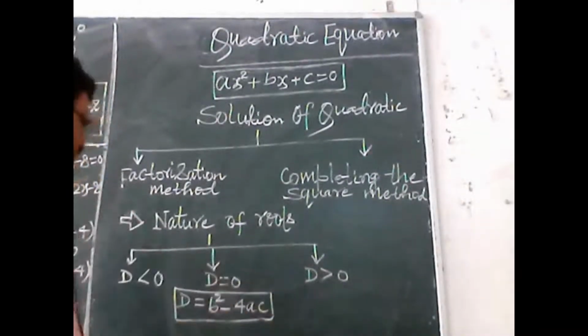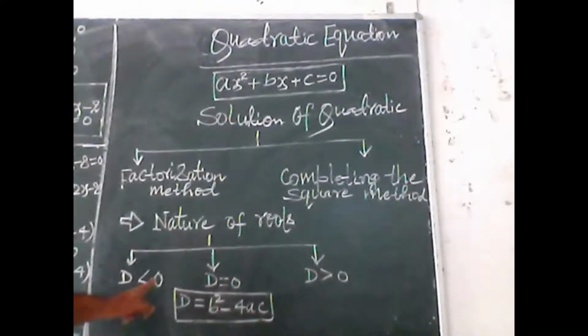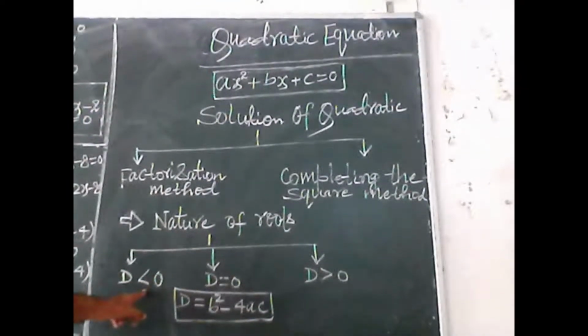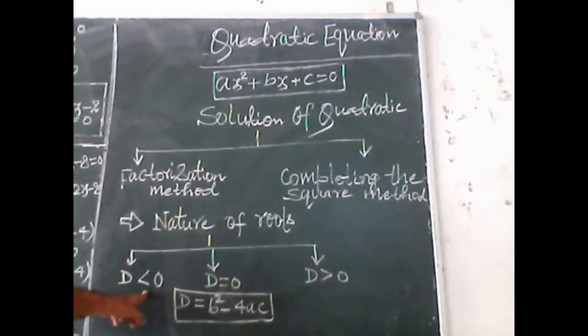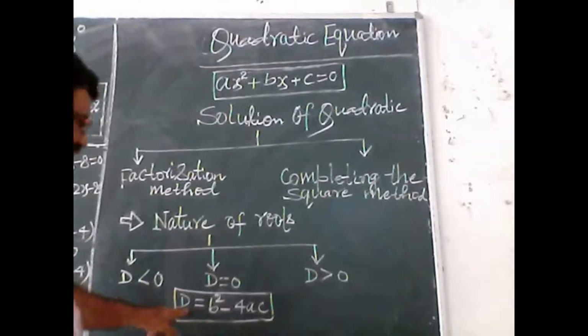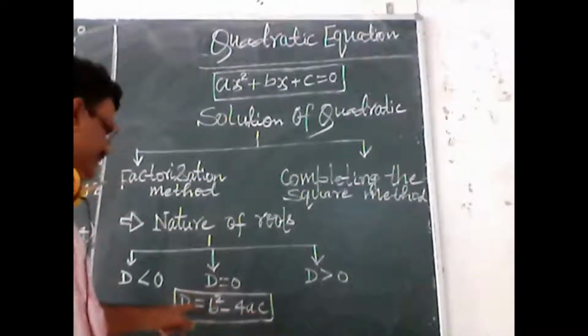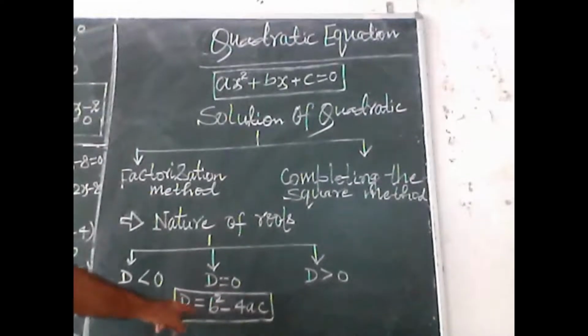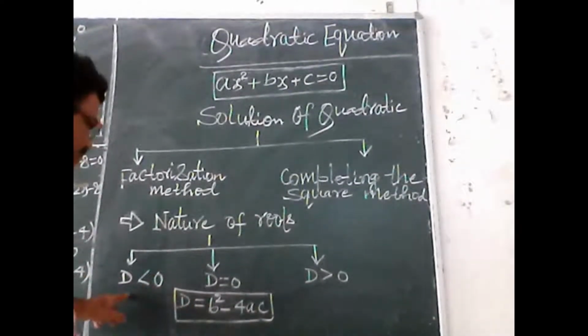If D is less than 0, that is, the discriminant is less than 0, in such cases no real roots will be in the quadratic equation. D can be found by b square minus 4ac. This is the formula to find D. That is, if D is negative, no real roots will be there.